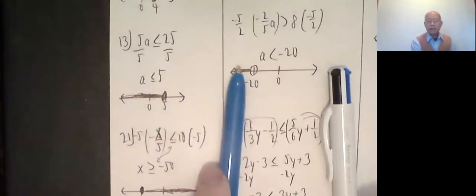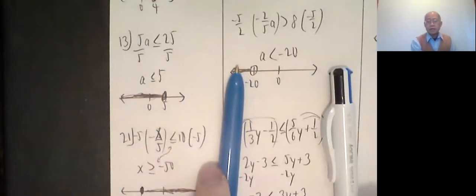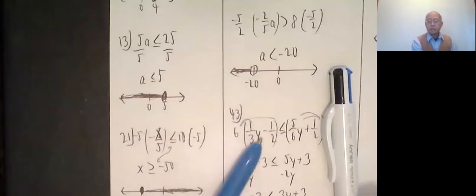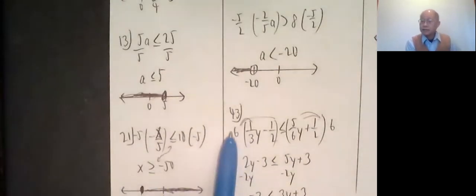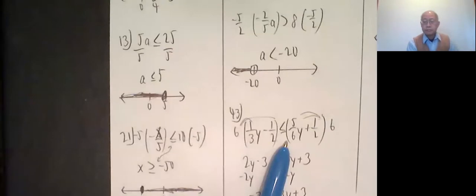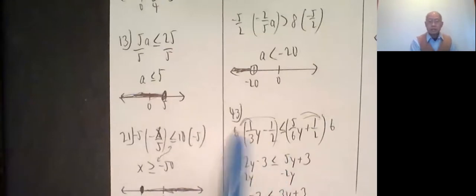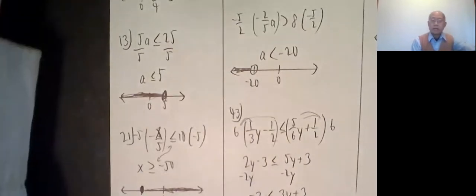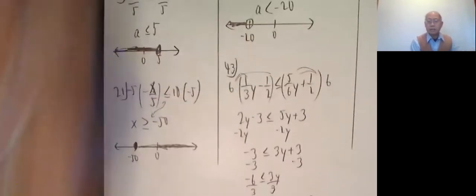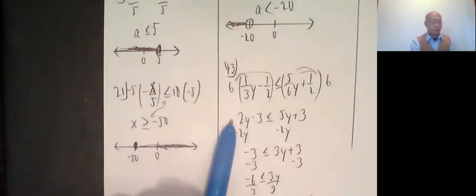Number 43 starts off like this, with all those fractions. I don't like those fractions, so I'll multiply both sides by the common denominator of 3, 2, 6, and 2. That would be 6. That's a positive 6, so I don't change the inequality symbol. So 6 times that, 6 times that, 6 times that, 6 times that. 2y minus 3 less than or equal to 5y plus 3. That becomes a much easier inequality to work with.